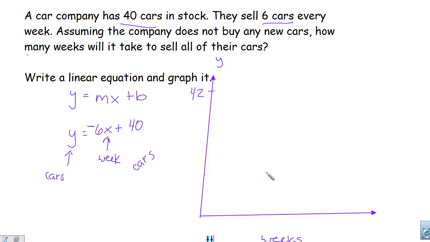And if I start at 42 and I go down by 6, am I at 36? And then 30, 24, 18, 12, and 6. So I'm doing increments of 6 because my slope is 6.